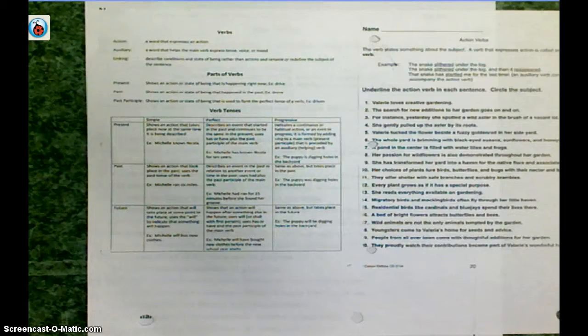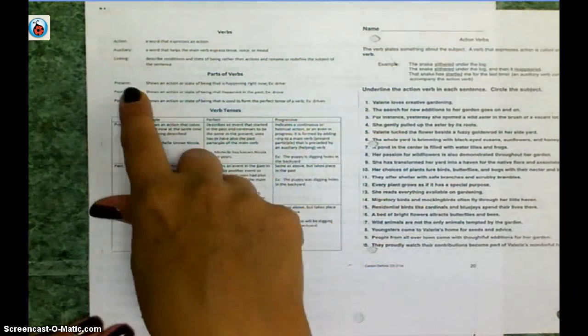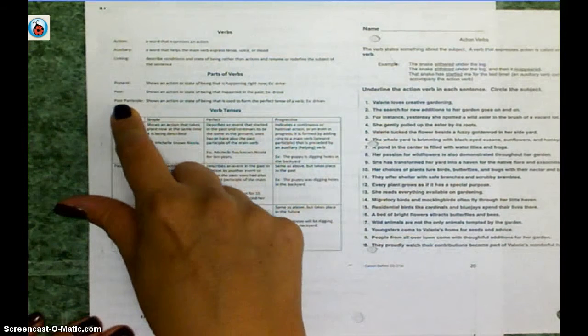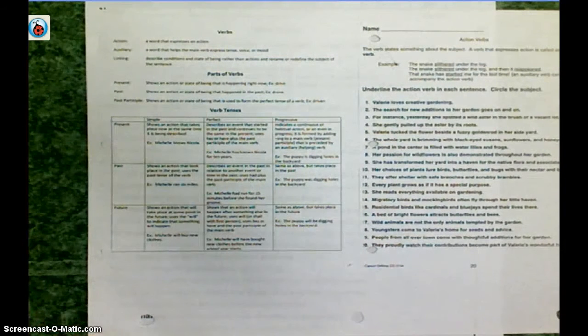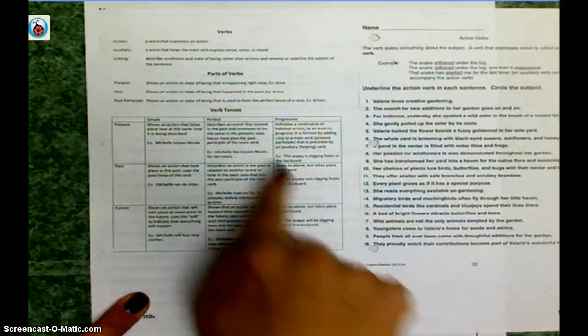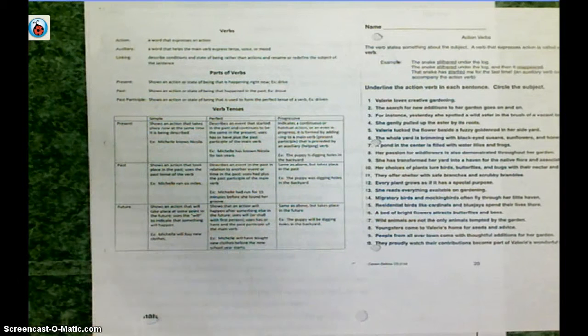So today we are going, and then there's also the parts of your verb, your present, past, and your past participle. Your present shows an action or a state of being that's happening right now in the present. Your past shows something that happened in the past. And then your past participle is something that we're going to talk about when we get into verb tenses, which is down here, this box right here. Your perfect tense uses the past participle.